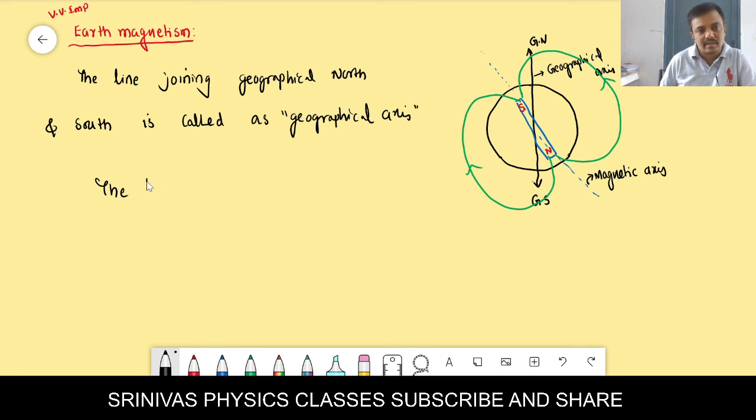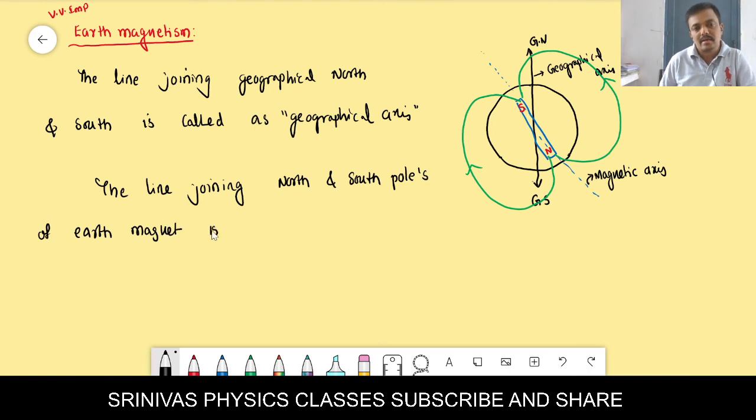The line joining the magnetic north and south poles of the earth magnet, the magnetic poles, is called the magnetic axis.